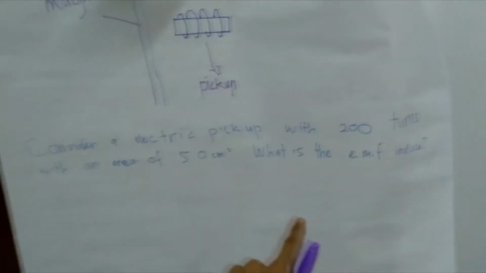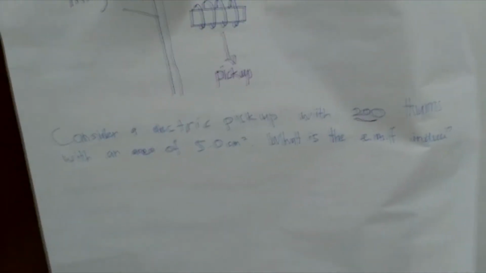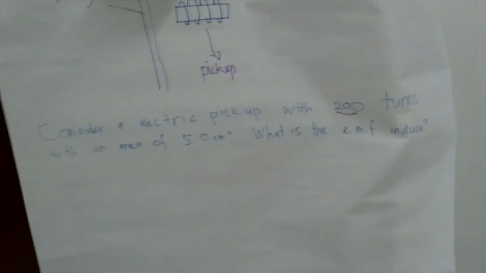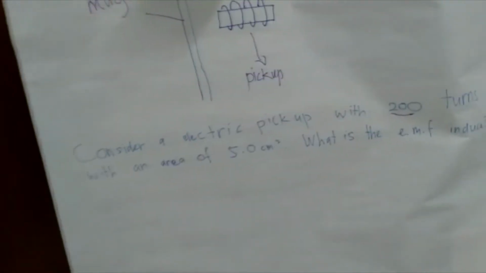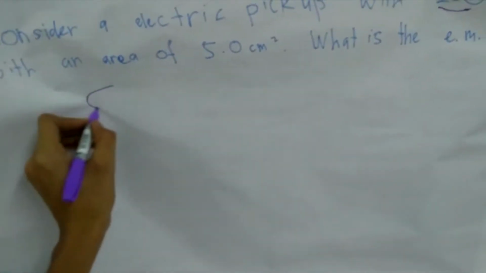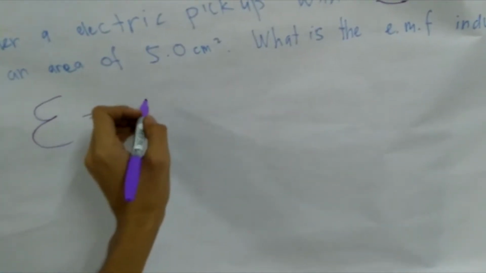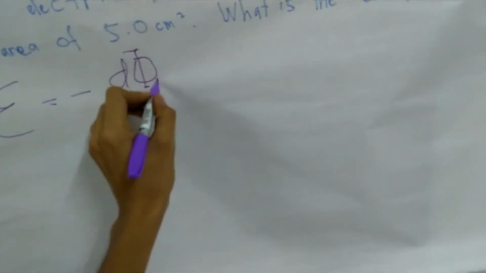The pickup has 200 turns and an area of 5 cm squared. So what is the EMF induced? As we know, EMF is the change in magnetic flux over time.